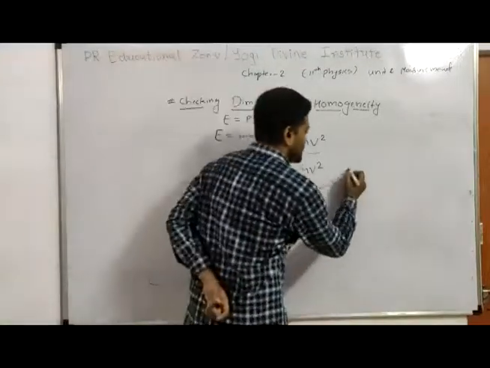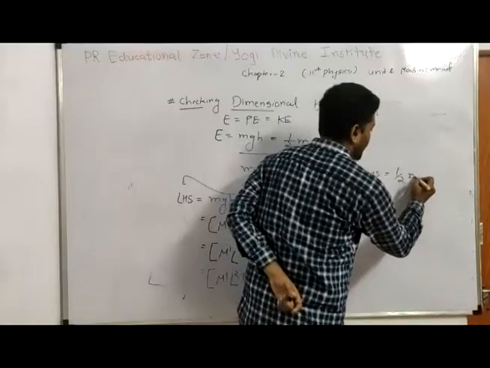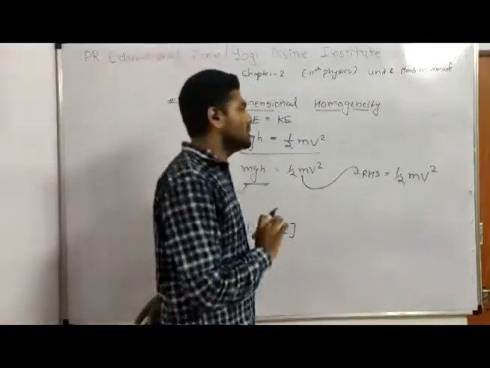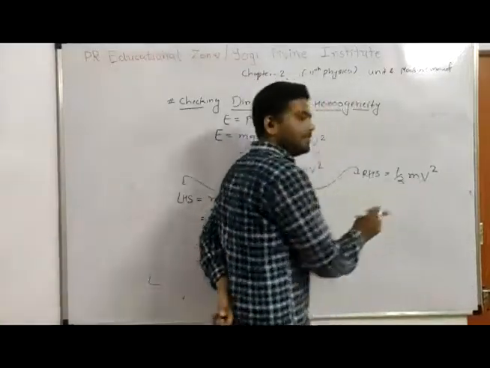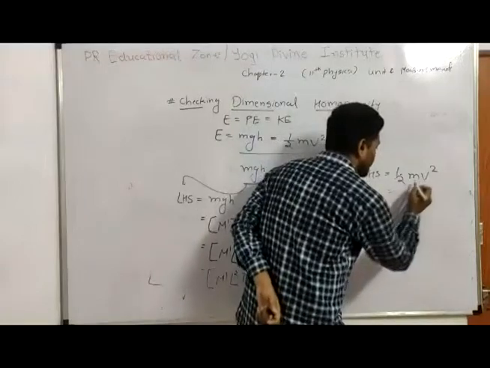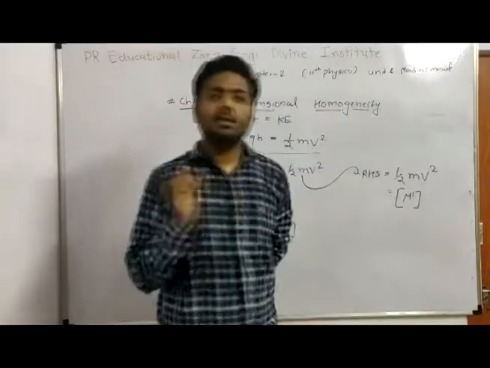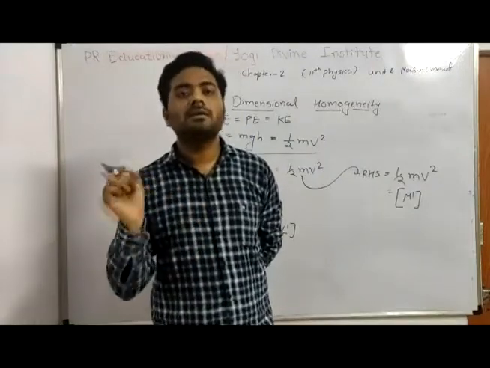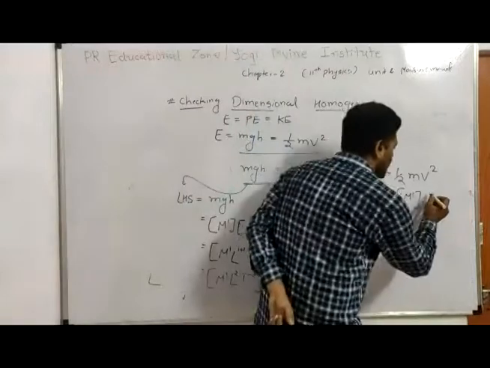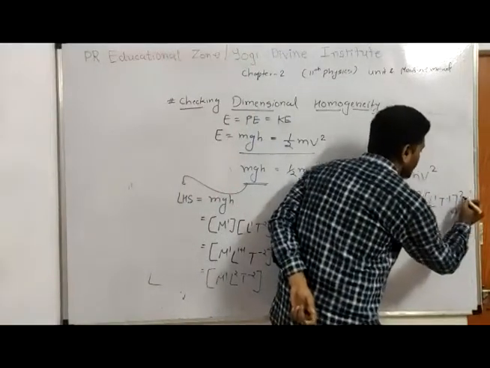So this is the right hand side, where the parameters are half of mv square. Half is a constant value, so do not include the half here. Again m represents the mass, so for the mass the quantity is M power 1. For the velocity, the unit of velocity is meter per second, so we get L1 T minus 1 raised to 2 because of the square.